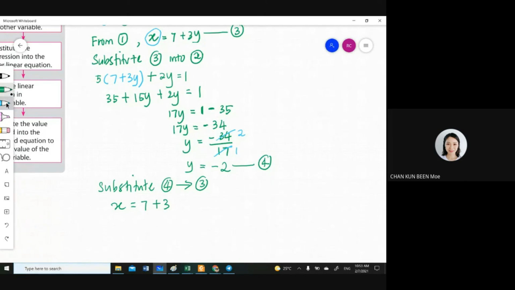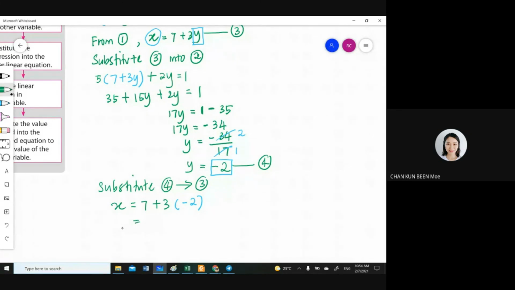So I'm going to replace the y with negative 2. Can you see? x is equal to 7 plus 3y, but then we substitute y is negative 2 into this y here. So x is equal to 7 plus 3 times negative 2, so that we can get the value of x. We are going to solve the equation right now.